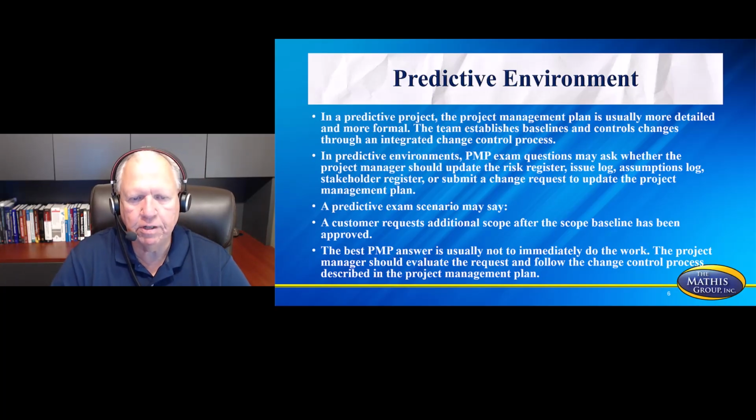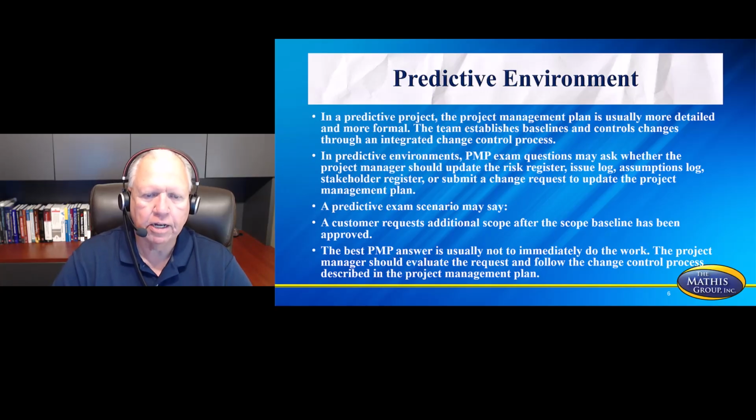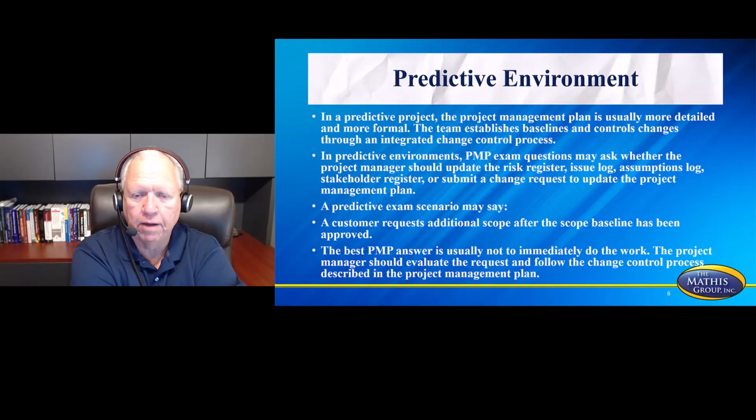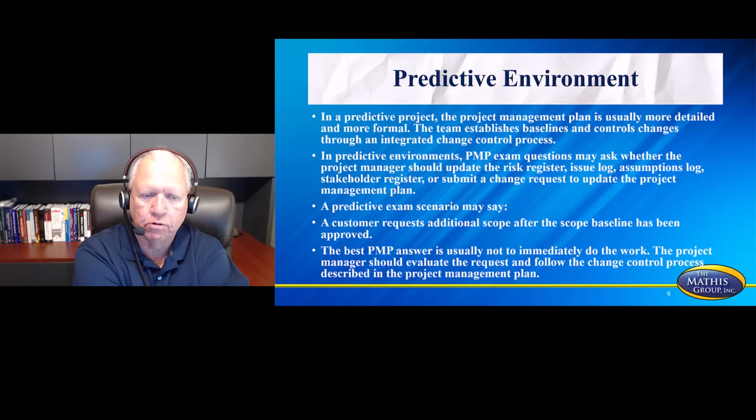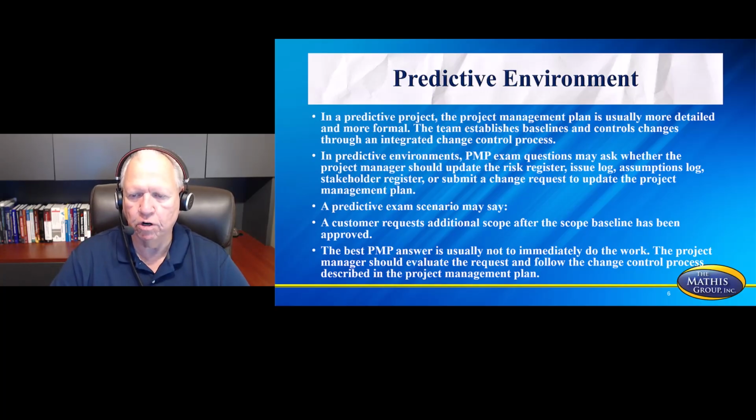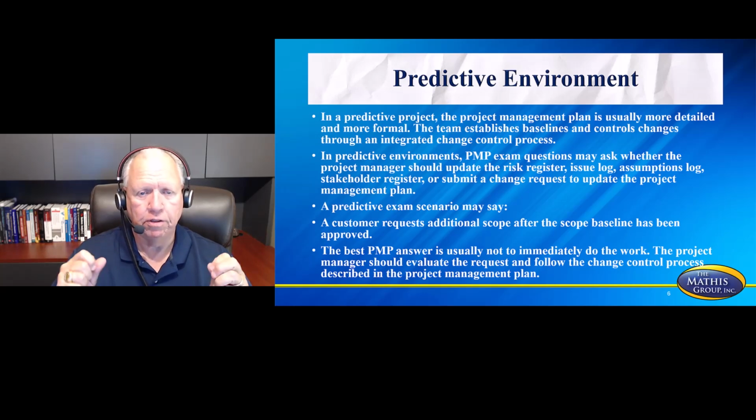A predictive exam scenario may say a customer requests additional scope after the scope baseline has been approved, and so the best PMP answer is usually not to immediately do the work, but the project manager should evaluate the request, follow the change control process described in the project management plan. So remember, predictive is going to be command and control. This is the most formal of the three methods.